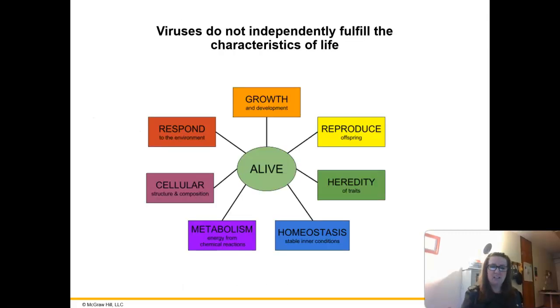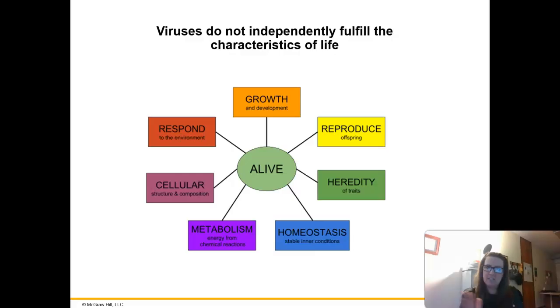Okay. All right, so this is a figure not from your textbook, but it shows us those properties that do define living things. And taken in totality, this defines living things. So we have growth and development. We can reproduce on our own, meaning we don't need a host cell.